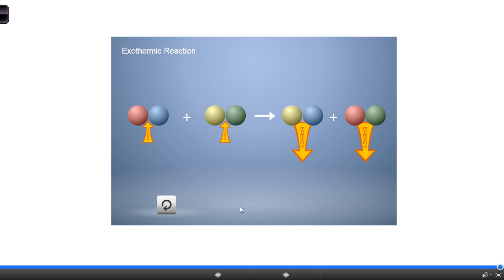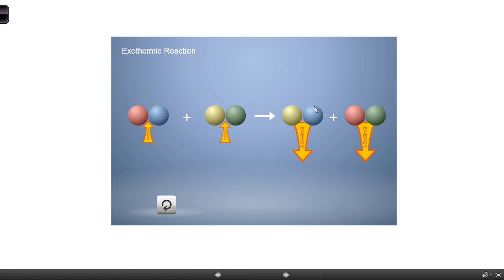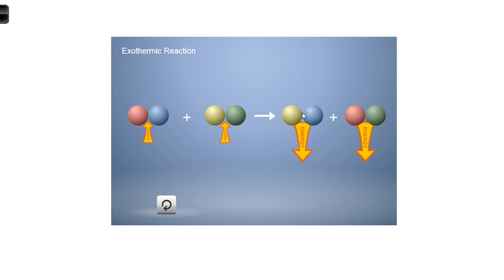So even in an exothermic reaction, some energy must be put in before bonds are broken, allowing the reactants to reform bonds to form the products. And when those bonds form, often energy is released.